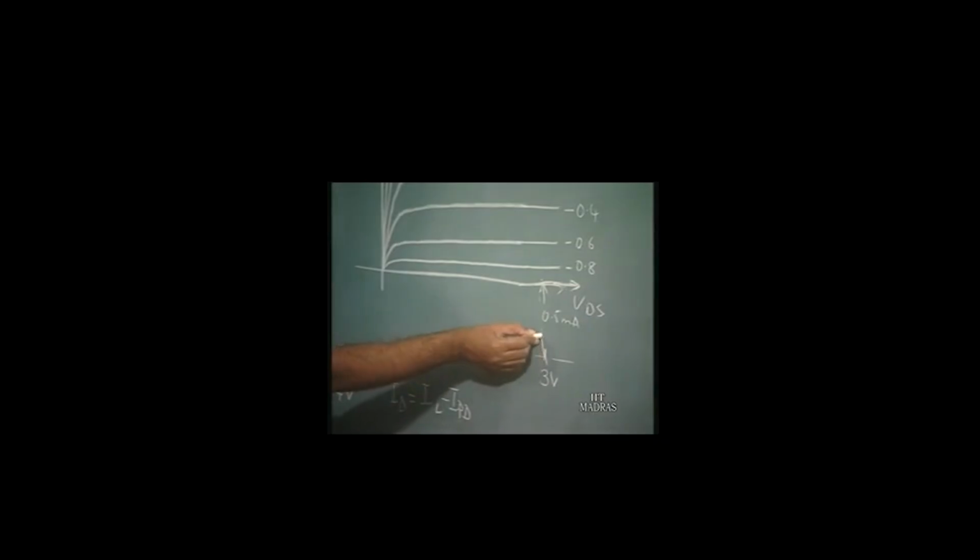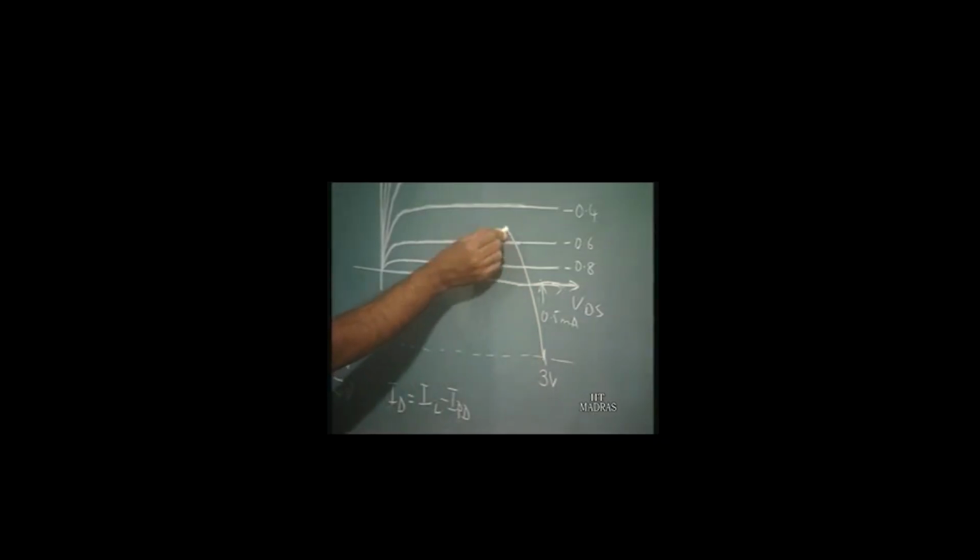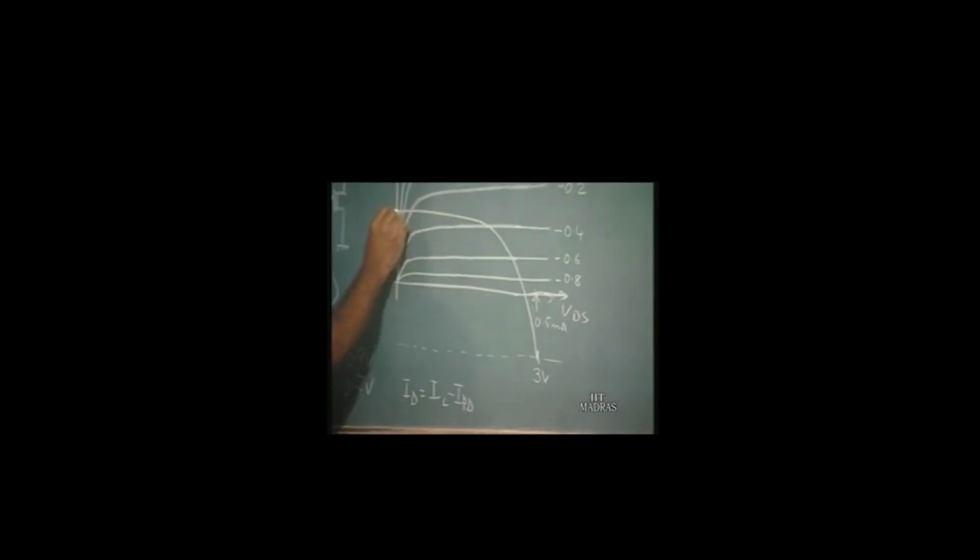So, this is the origin, and the load characteristics would be something like this. This is the characteristics of the load device, shifted down by 0.5 milliampere, which is the current flowing through the pull down device.